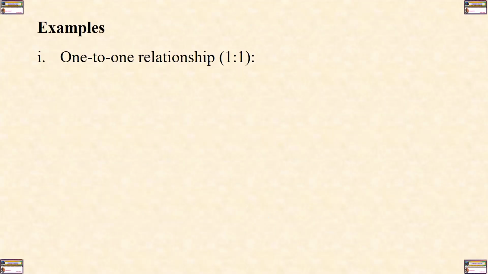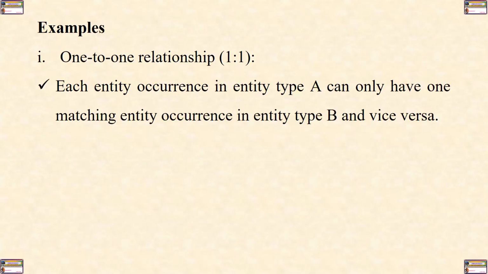Some examples include the one-to-one relationship, which we abbreviate as 1:1. Here, each entity occurrence in entity type A can only have one matching entity occurrence in entity type B, and vice versa. In other words, simply put, a single field in a single table is related to a single field in another table.